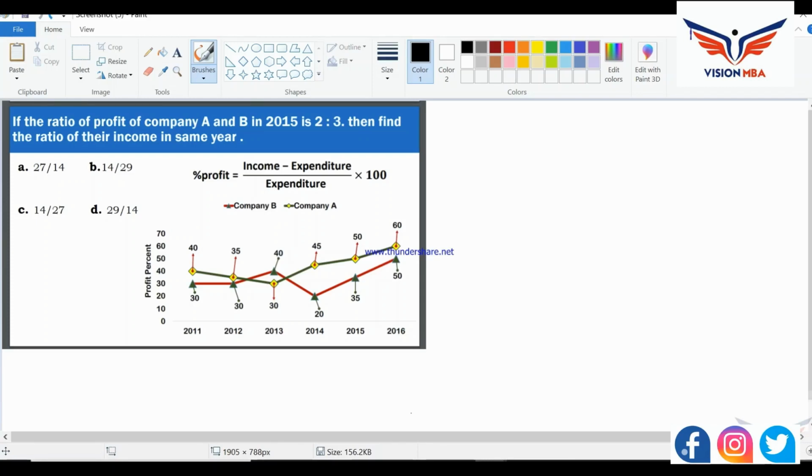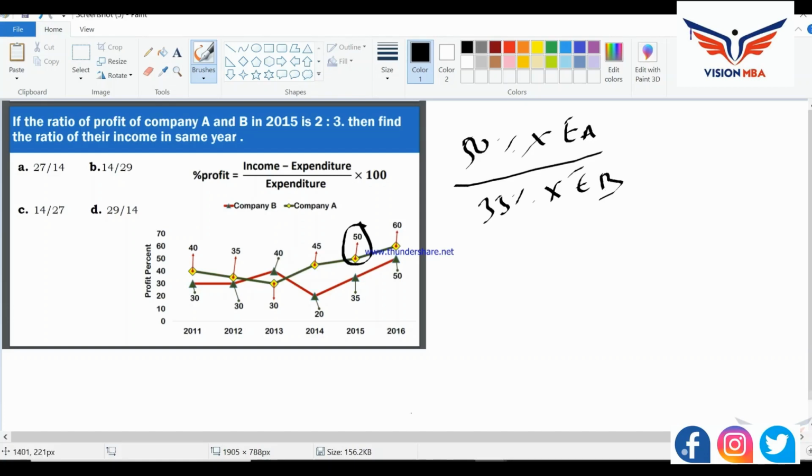The profit for company A in 2015 is 50%, that is 50% of expenditure of A, divided by 35% of expenditure of B, is equal to 2:3, as given.